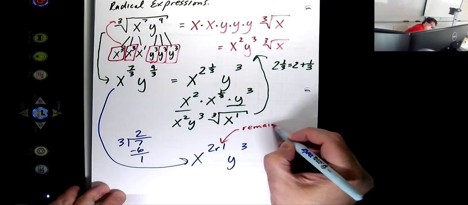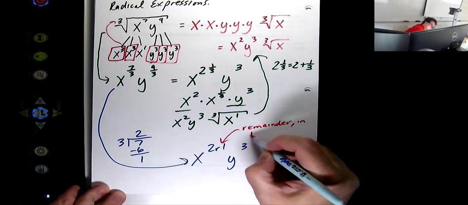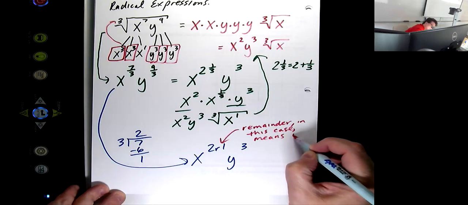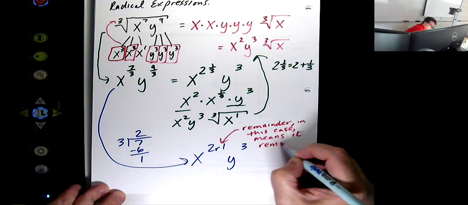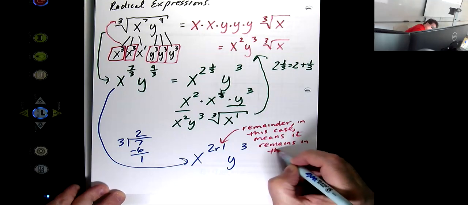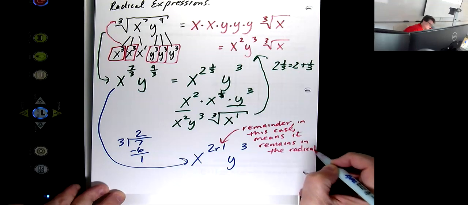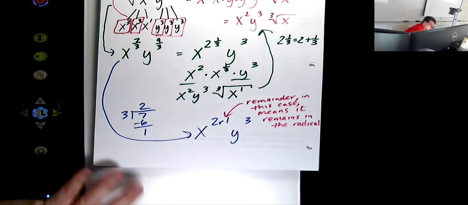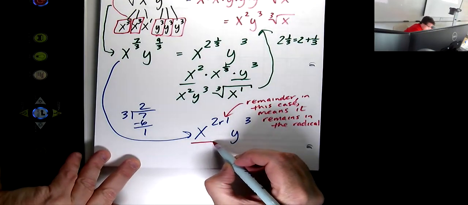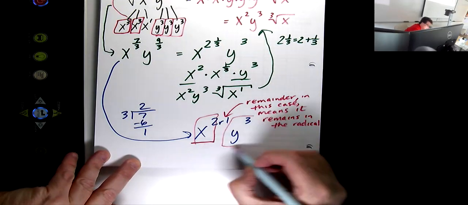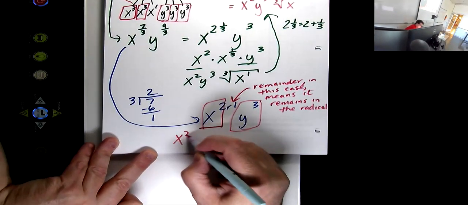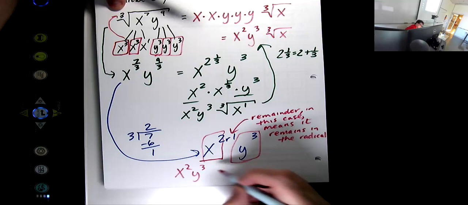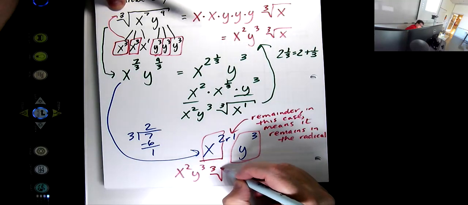Remainder means that in this case, it remains in the radical. So the remainder is the only one that's going to end up in the radical. The rest will stay outside. X squared y cubed. The radical was a cube root, so we're just going to bring the cube root back. And we have a remainder of 1, and it was the exponent on it.